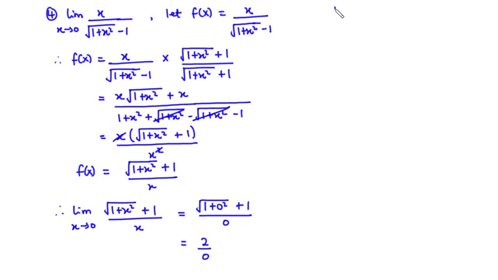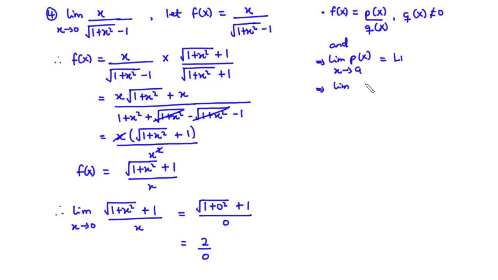Now if you have a function f of x which is equal to p of x divided by k of x, where k of x is not equal to 0, and the limit of p of x as x approaches a is equal to L1, and the limit of k of x as x approaches a is equal to 0, then it means that the general limit of that function does not exist.